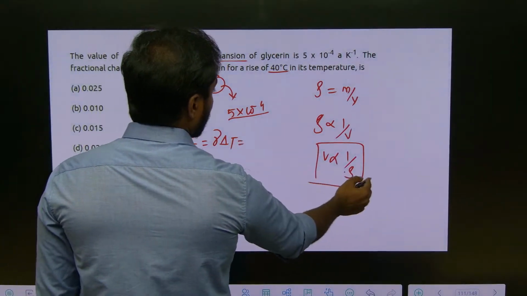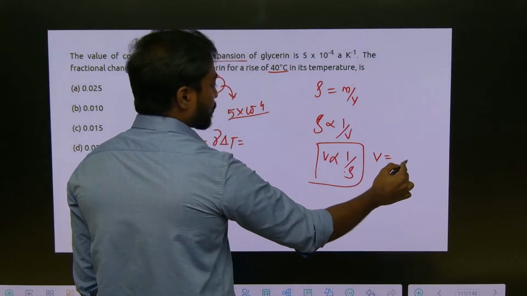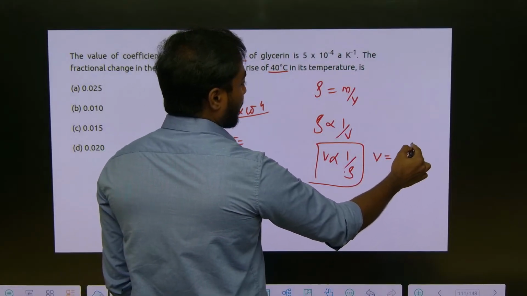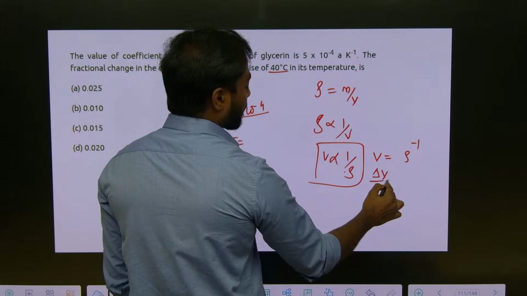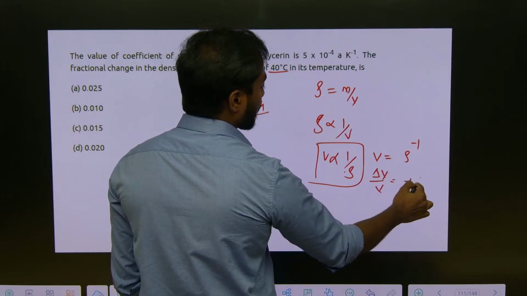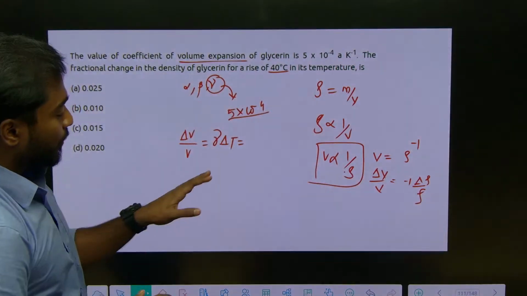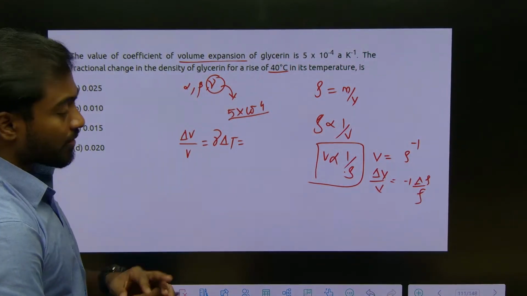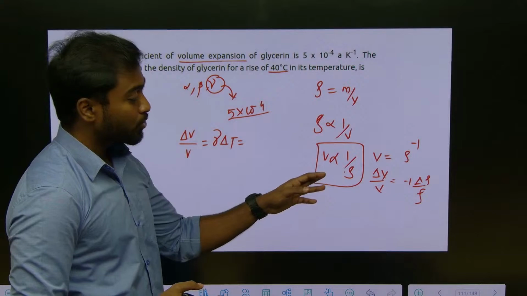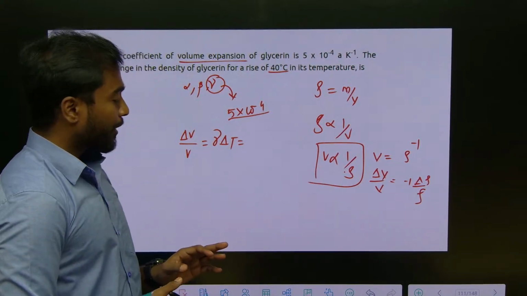If you talk about this, I can take V is equal to rho power minus 1, delta V by V is equal to minus 1 into delta rho by rho. Keep that minus as it is. So delta V by V is equal to delta rho by rho. Fine.